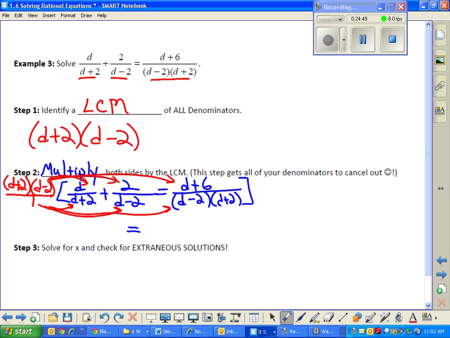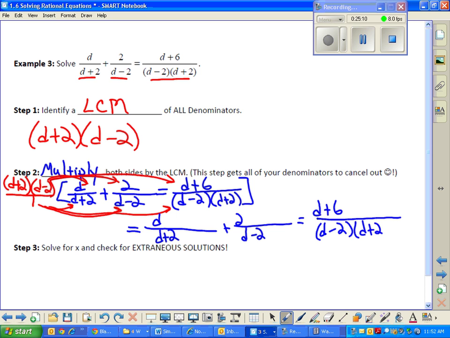So I'll write down my problem here, and you're going to see the numerators change. I'm going to distribute that d plus 2d minus 2 to every single top.